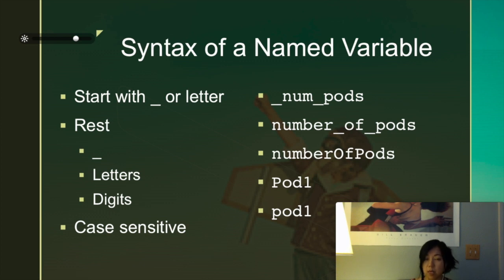For C++, it can start with a letter or an underscore, but nothing else. For the rest of the name, you can use underscores, letters, and digits. And also remember it's case sensitive, so the capital O and the lowercase o are considered different.